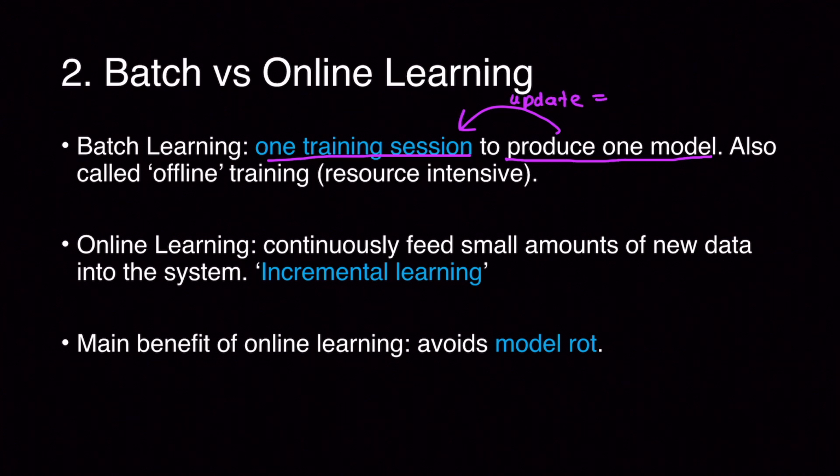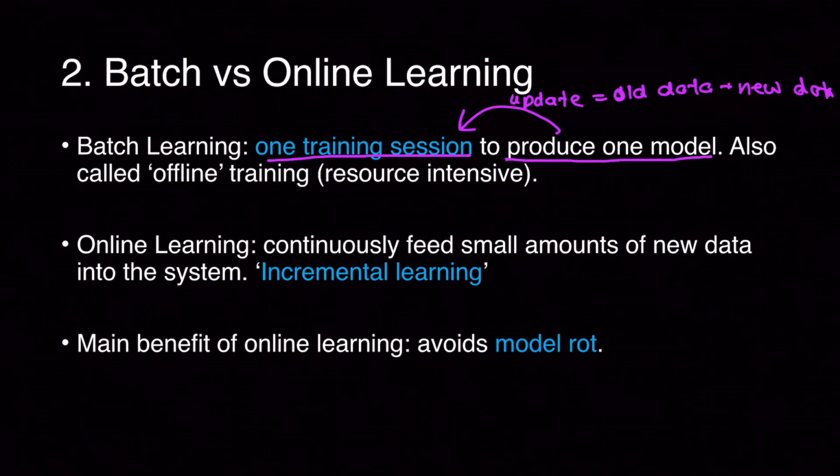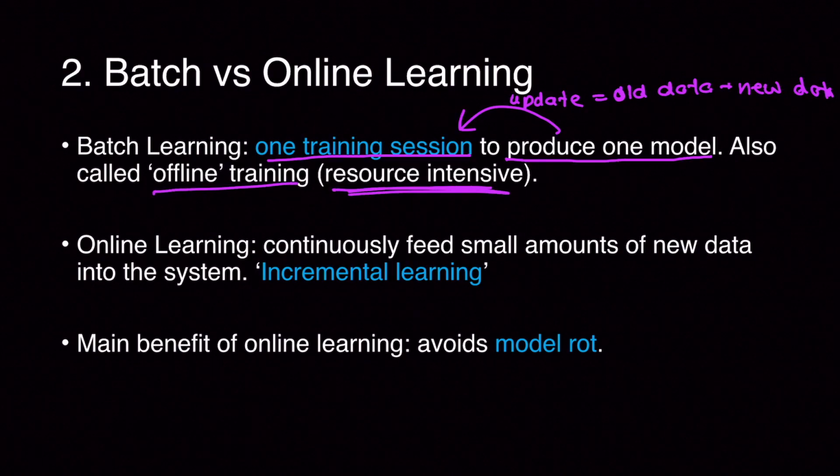So update equals one whole training session with both the old data plus the new data. So that's a lot of data that's being covered every single time, and it takes a couple of hours depending on the size of your training set. And because it's so resource intensive, it's also just sometimes called offline training.